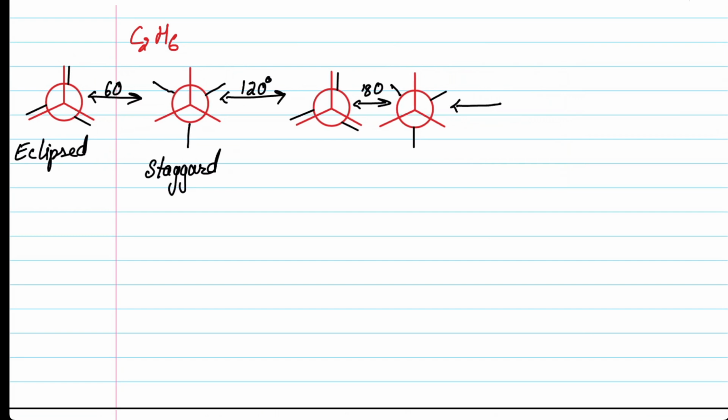Further rotation by 60 degrees makes it 240 degrees, and we end up with the same eclipsed structure.